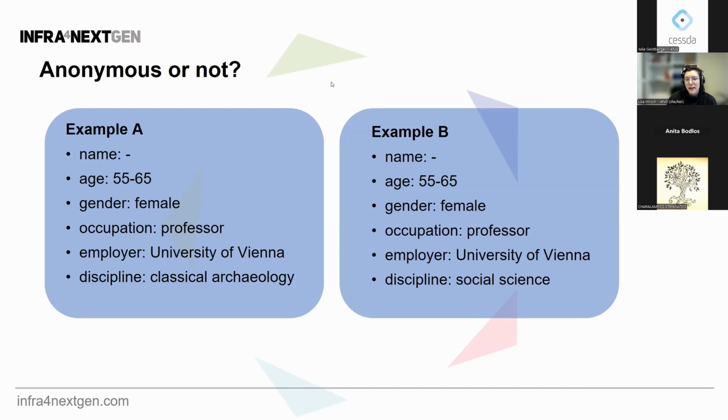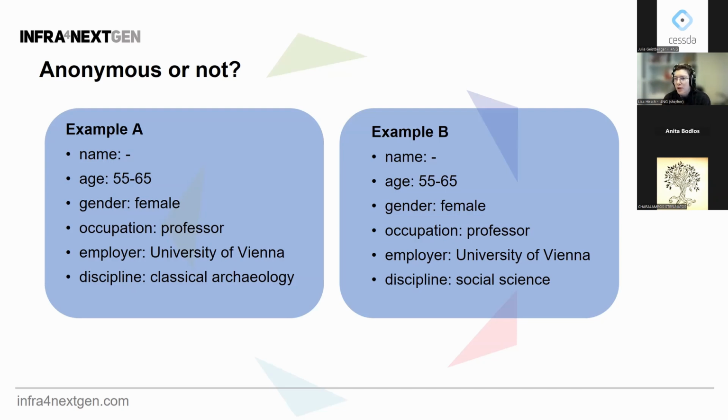So if there is only one female professor at the University of Vienna in archaeology in the given age bracket, the discipline classical archaeology is going to be the characteristic that makes that person very likely, very quickly identifiable. And the assumption would be that the broader category of social sciences would make the universe of potential respondents bigger.